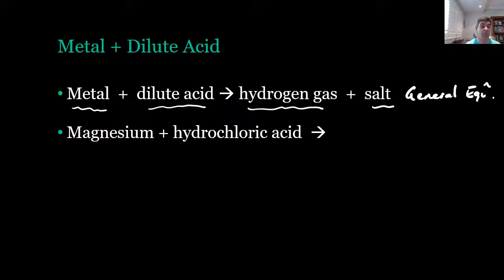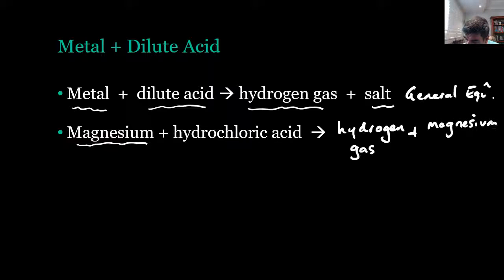So here's an example, magnesium and hydrochloric acid. So this would form hydrogen gas, and we try and name the salt if we can. So the salt comes from the metal, which is the first name, magnesium, and the second part of the name comes from the anion that's formed when the acid loses its hydrogen ion.